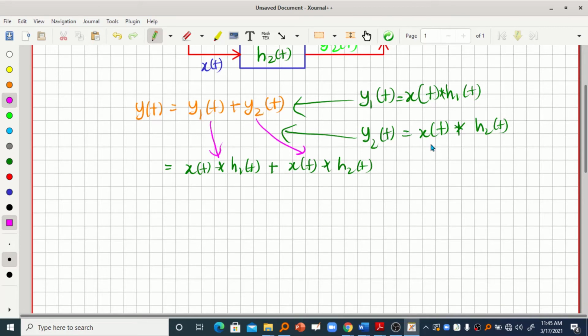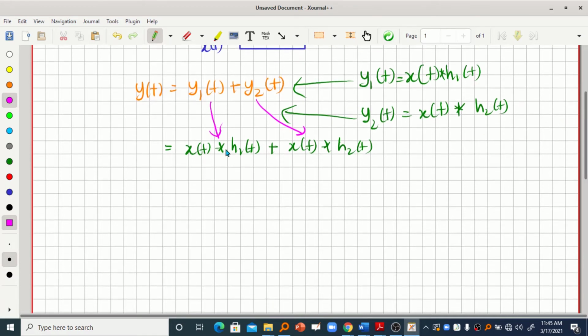Now we express them as convolution integrals. Actually this is the convolution symbol here, so instead of the convolution symbol, if we express them as convolution integrals, you will get this. What is the convolution of the first two sequences? It is the integral from minus infinity to plus infinity of x of tau times h1 of t minus tau d tau, right?